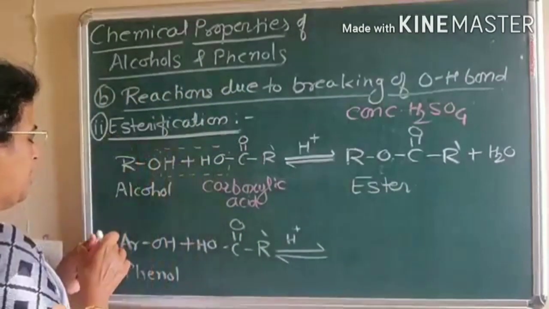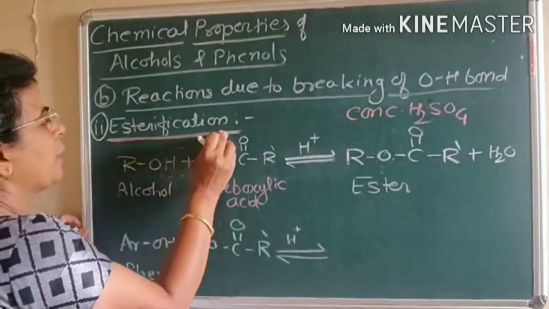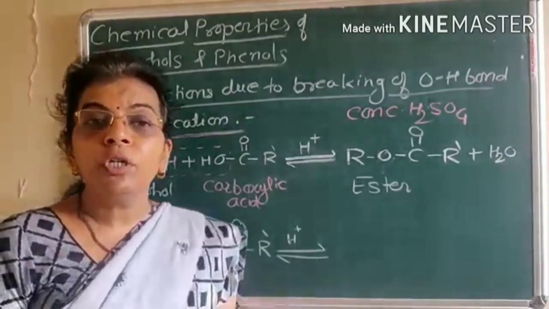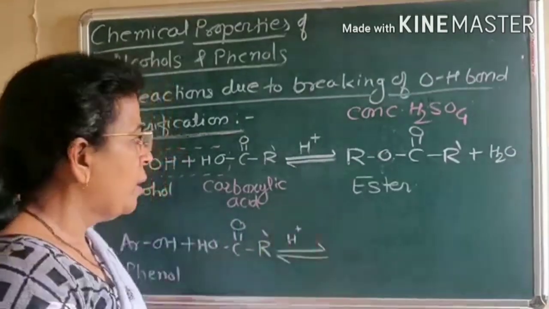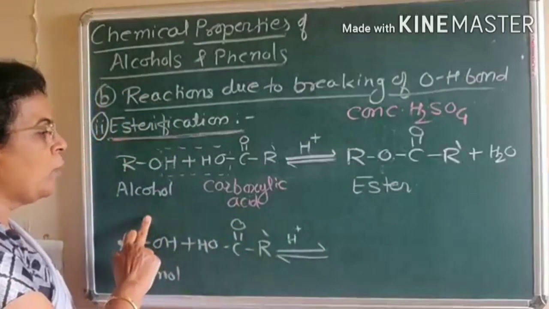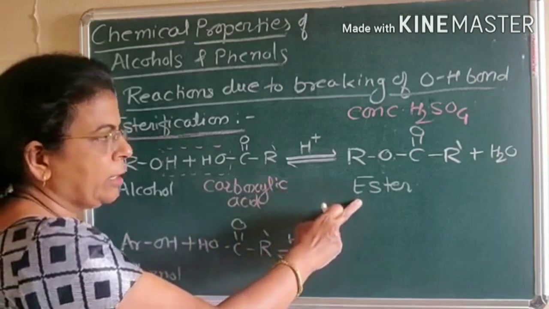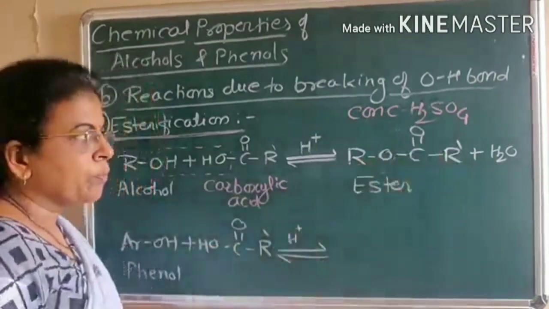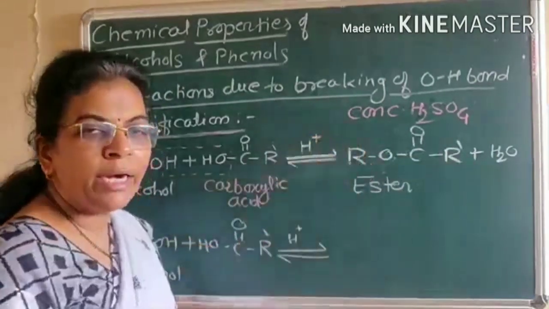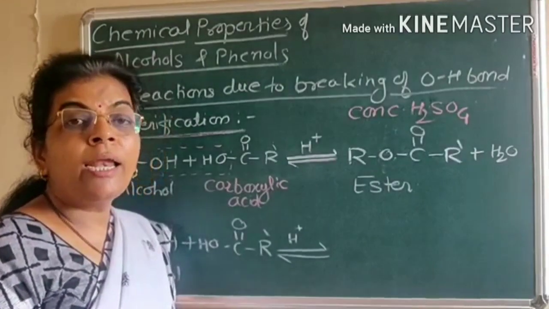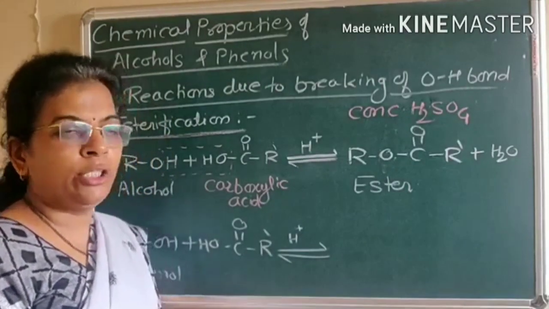Therefore, this reaction is named the esterification reaction, or it is also named the Fischer esterification reaction. Now here, this is alcohol. When it reacts with carboxylic acid, it gives ester with removal of H2O. This concentrated H2SO4 acts as a catalyst, which increases the rate of reaction, and acts as a dehydrating agent.